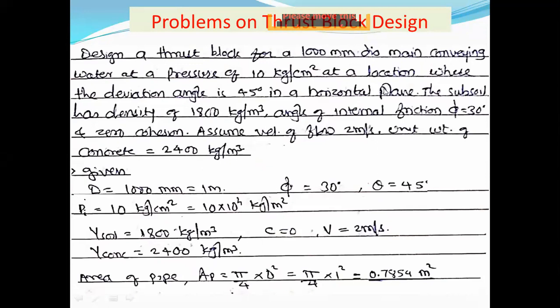Write down the problem. Design a thrust block for a 1000 mm diameter main conveying water at a pressure of 10 kg per centimeter square at a location where the deviation angle is 45 degree in a horizontal plane.